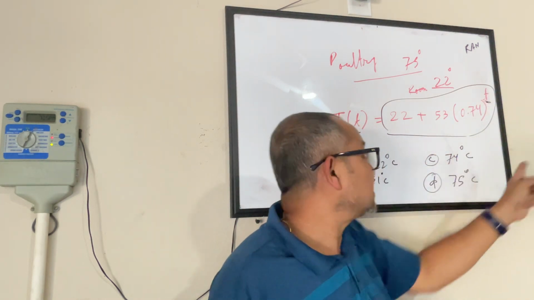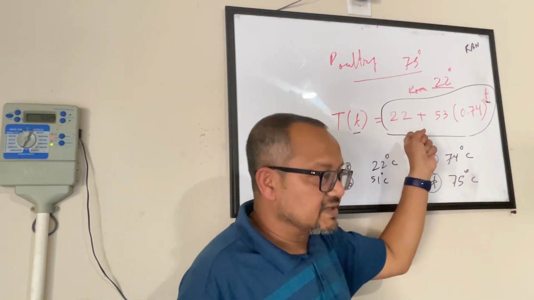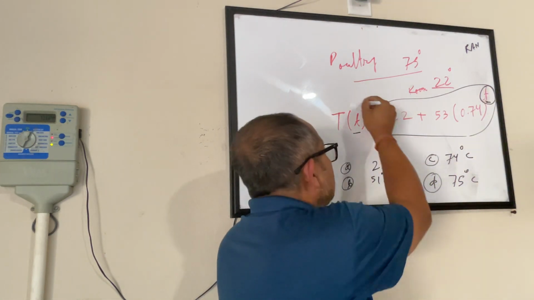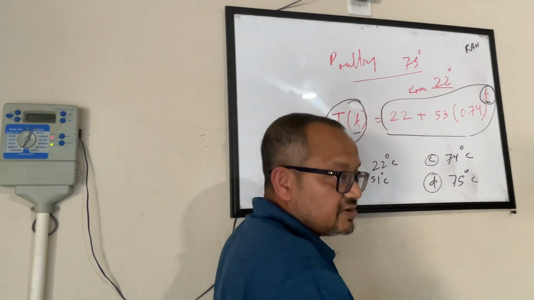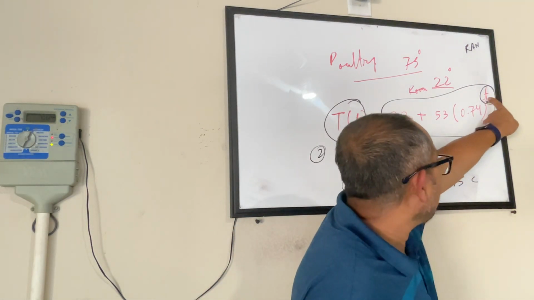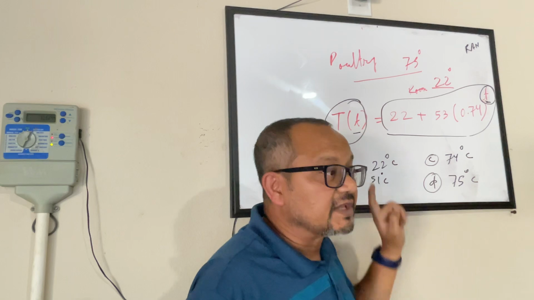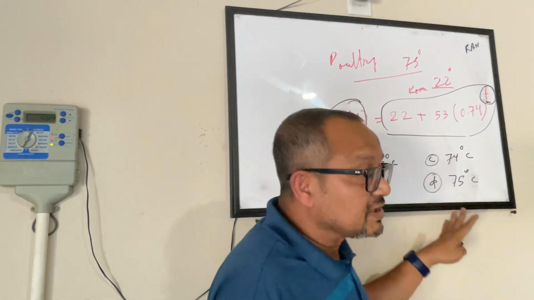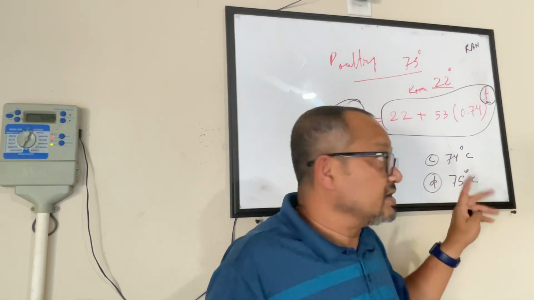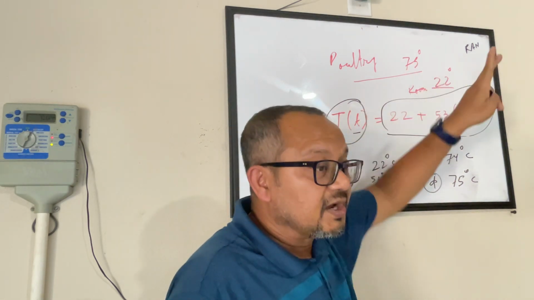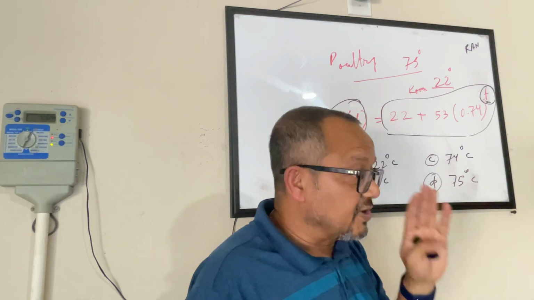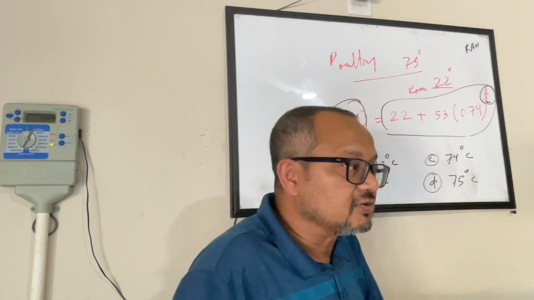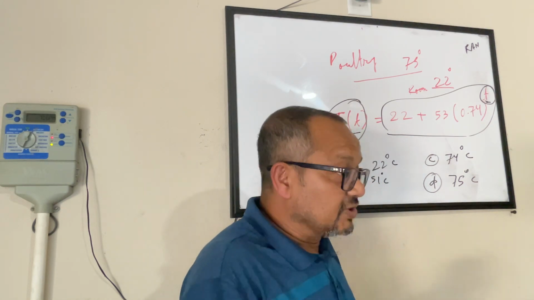T is in hours, and this will be the temperature after a certain number of hours. That's what the equation says. And what it is asking is, tell me the approximate temperature of the chicken after taking it out of the oven after 2 hours. Approximate. You don't have to struggle to find decimals and all those fancy things. You have to give the approximate value.